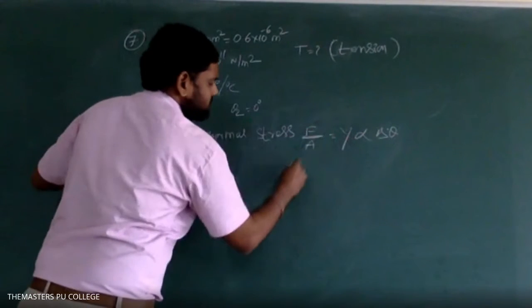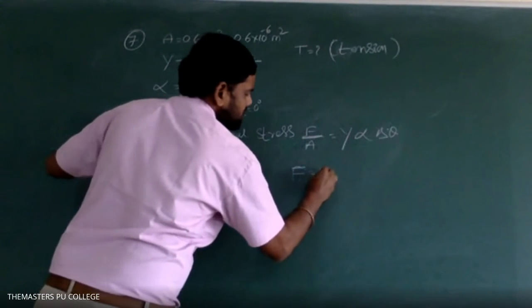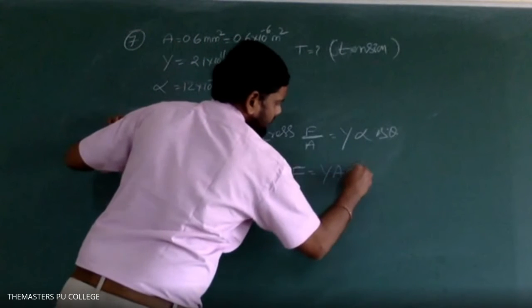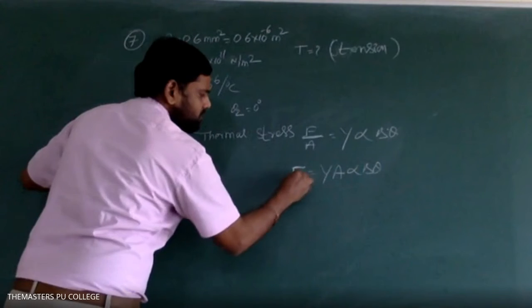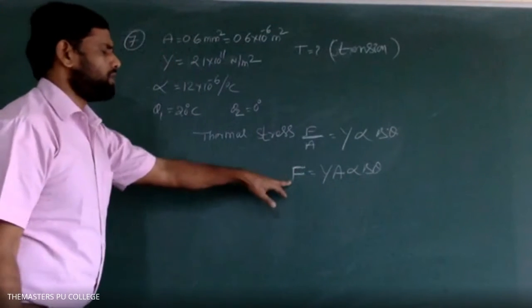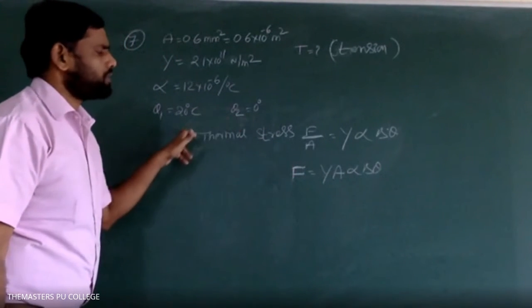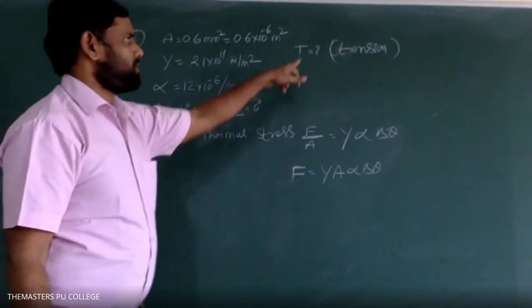If A is taken to the other side, F is nothing but Y A alpha delta theta. F means the force generated inside the rod due to the change in temperature. That force is nothing but the tension in the rod.